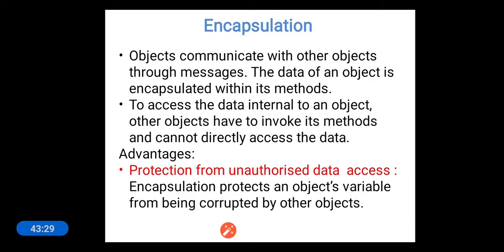Coming to the advantages of encapsulation, the first one is protection from unauthorized data access. Unless the other object invokes the method of the object, it cannot access the data of that particular object. That's protection from unauthorized access.